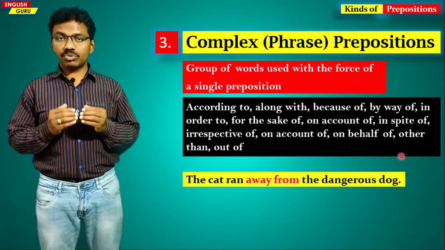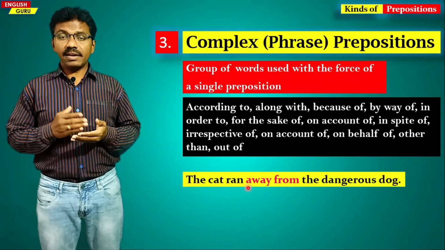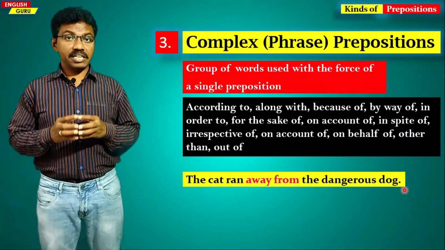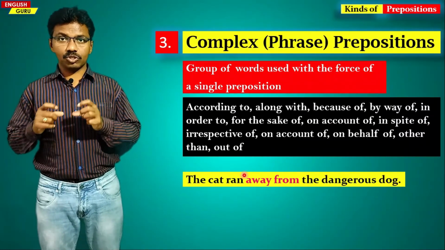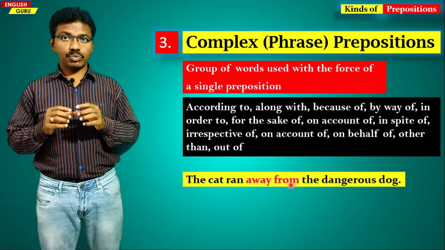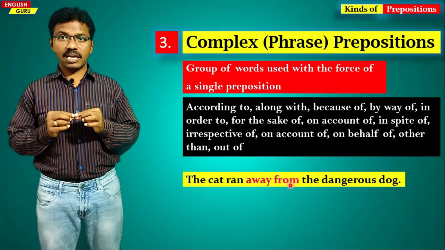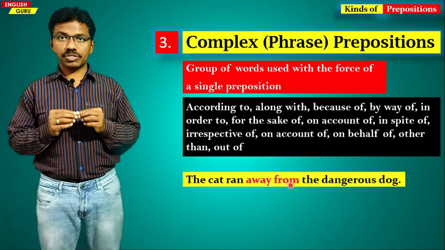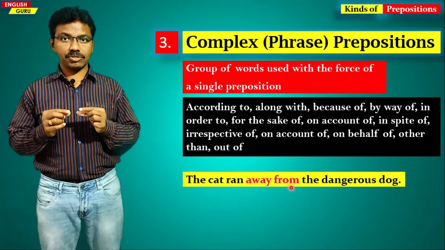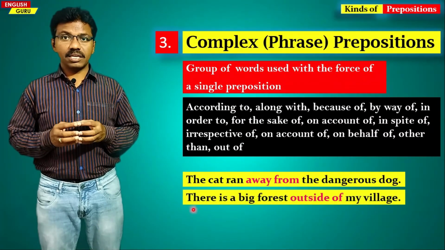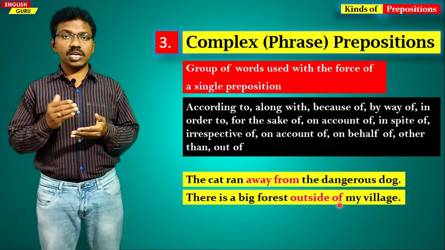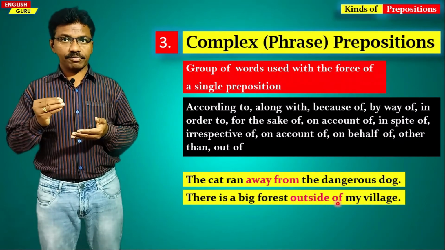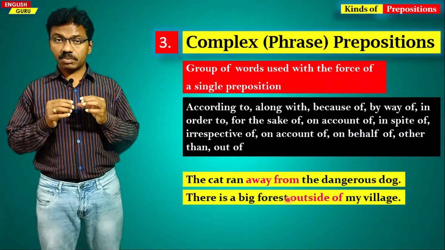For example, if you see them in a sentence, the cat ran away from the dangerous dog. Away from, two words which are used with a single force. It's a complex or phrase preposition. In a similar manner, there is a big forest outside of my village. Outside of, it's a phrase preposition.